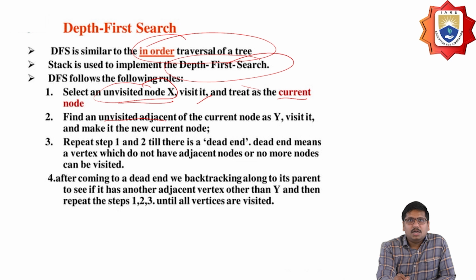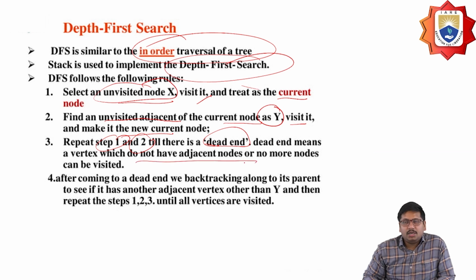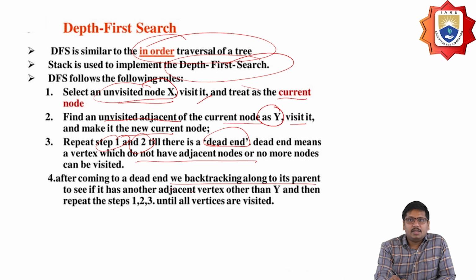Find an unvisited adjacent node Y of the current node, visit it and make it the current node. Repeat steps 1 and 2 till there is a dead end, meaning that the vertex does not have any more unvisited adjacent nodes. After coming to the dead end, again perform backtracking along with the parent and see whether it has any other adjacent vertices other than Y, and repeat steps 1 to 3.